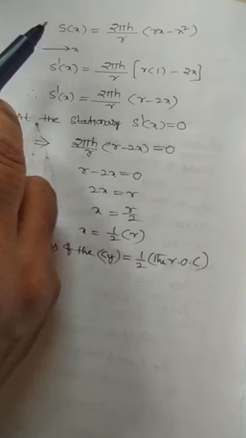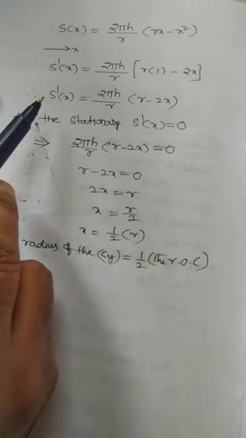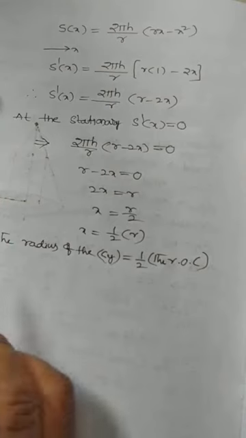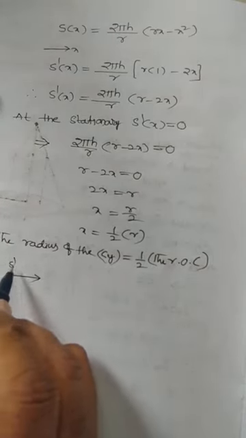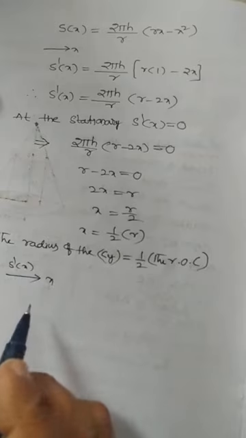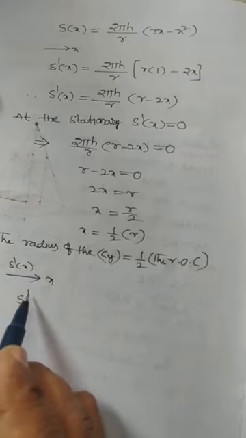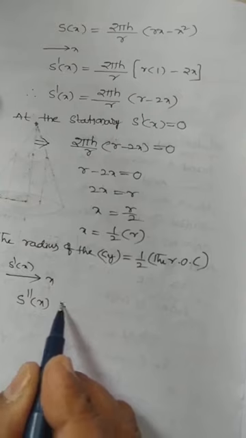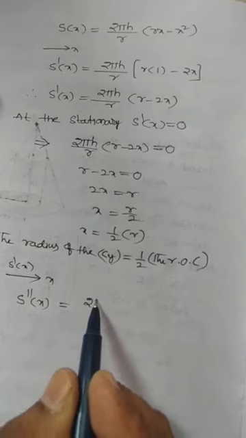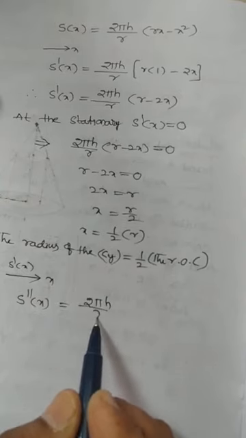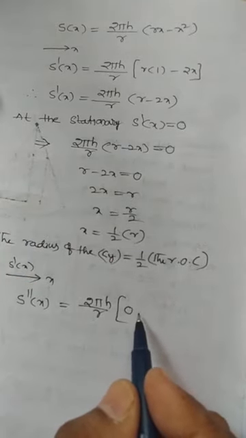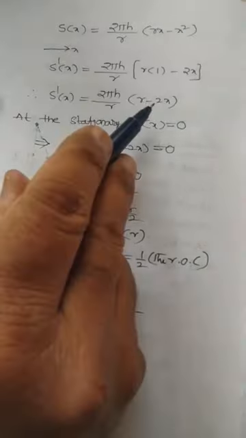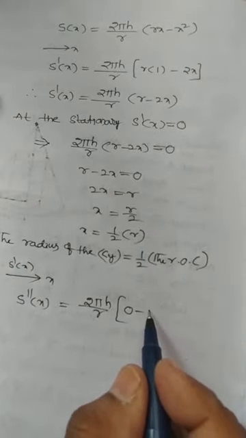So we have to find s double dash of x. So I am derivating s dash of x with respect to x again. So s double dash of x I got here is 2 pi h by r into, what is r? Constant, derivative is 0, minus 2 into 1, that is minus 2 here.